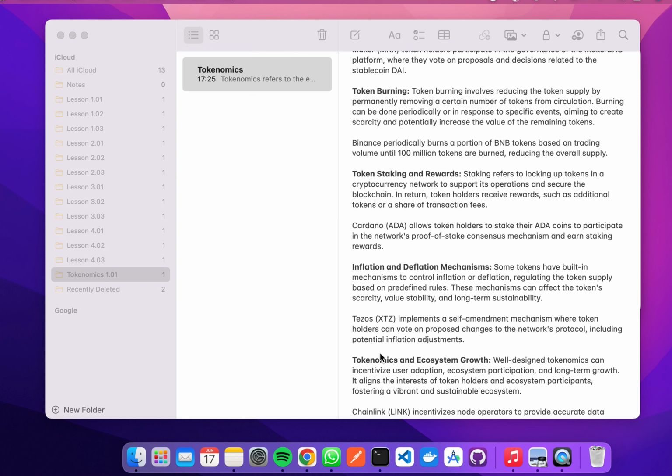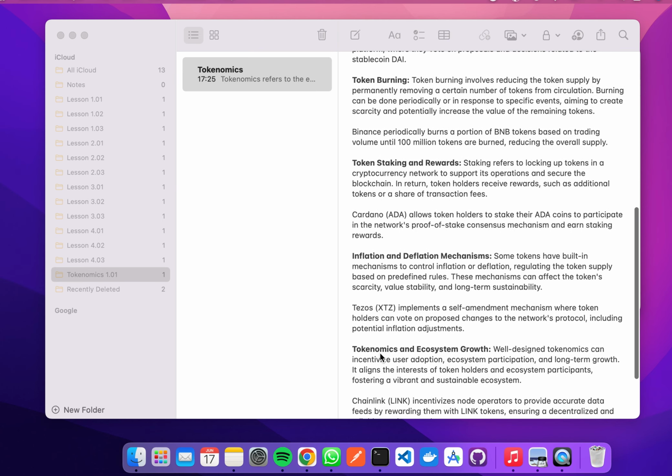There is also staking, token staking and rewards. Staking refers to locking up tokens in a cryptocurrency network to support its operations and secure the blockchain. In return, token holders receive rewards such as additional tokens or a share of transaction fees. When you look at a token like Cardano, also known as ADA, it allows token holders to stake their ADA coins to participate in the network's proof of stake consensus mechanisms, and earn staking rewards.